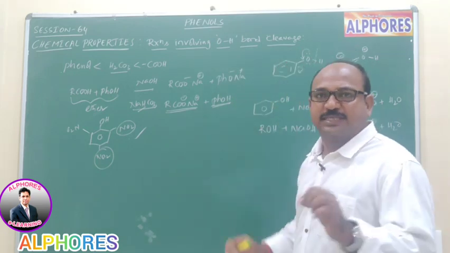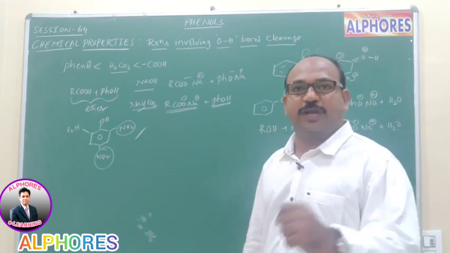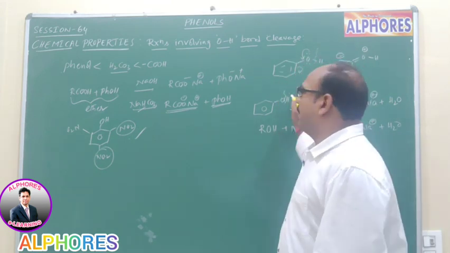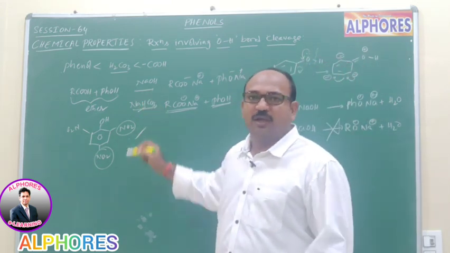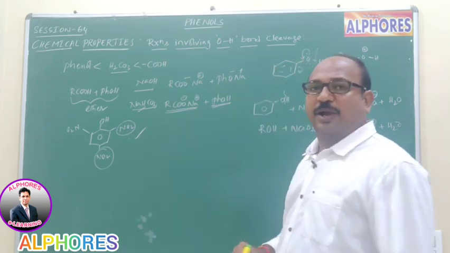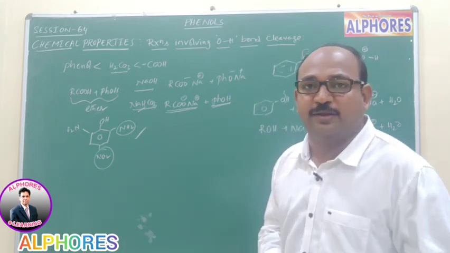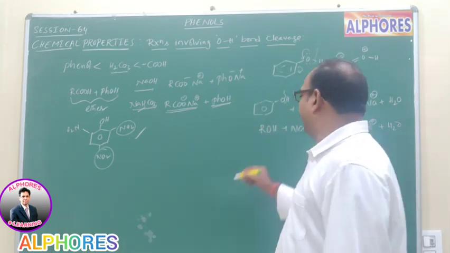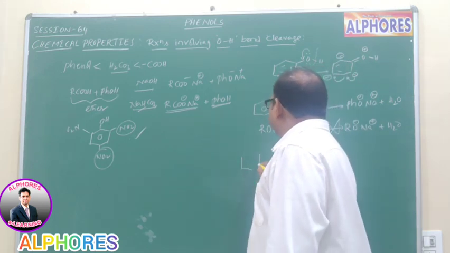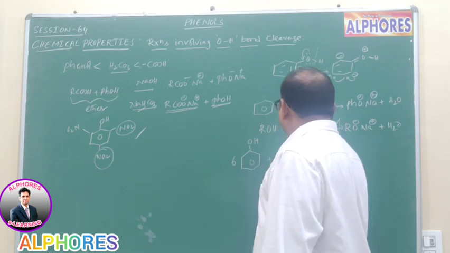This reaction is an acid-base reaction, and it takes place by cleavage of the OH bond. And the same phenol upon reaction with sodium bicarbonate gives no reaction. Now, phenol upon reaction with neutral FeCl3, ferric chloride: 6 moles of phenol with neutral FeCl3.